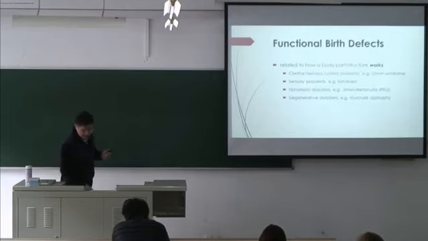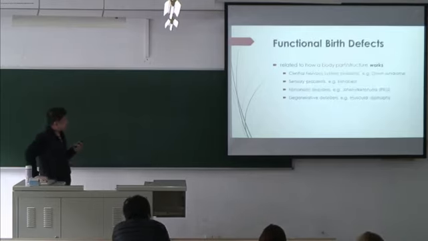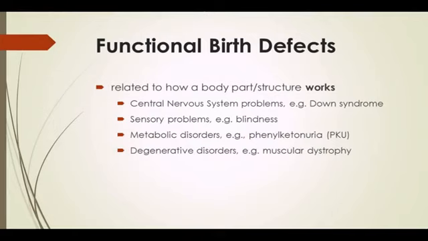And the second type is functional birth defects. It's related to how a body part or structure works. For example, central nervous system problems like Down syndrome, which is related to chromosome aberrations. Also sensory problems like blindness, metabolic disorders like PKU disease, and degenerative disorders like muscular dystrophy.